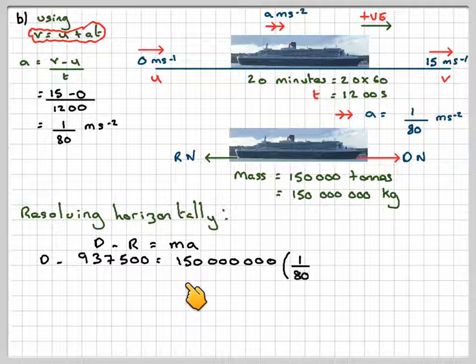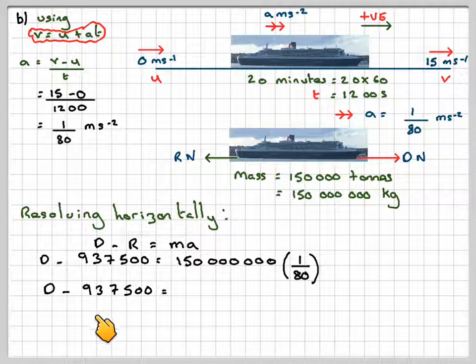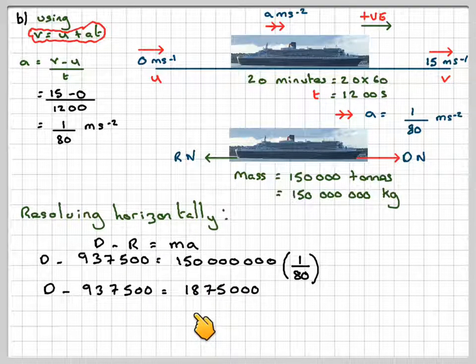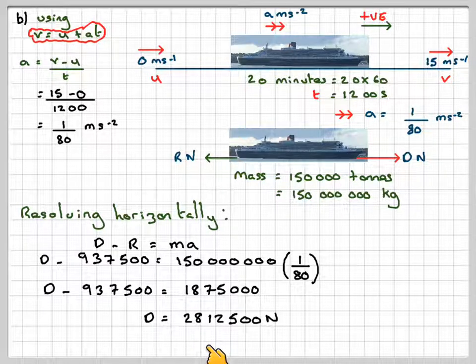So D minus 937,500 is equal to 150 million times 1/80th, which is 1,875,000.